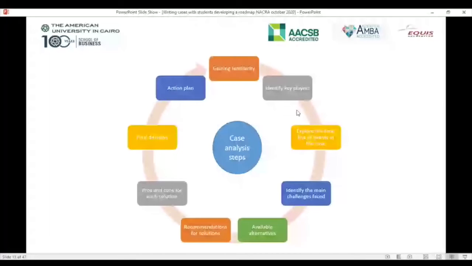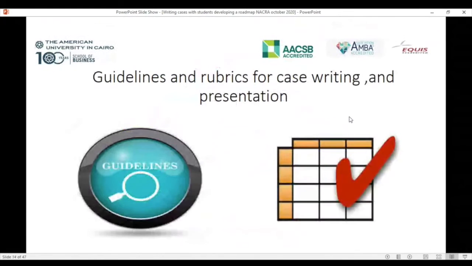But in order to do that, they need to understand thoroughly the steps of case analysis, beginning with gaining familiarity and so on, through recommendations and available alternatives. So you give them an outline of how they can analyze a case, which is a prerequisite for writing any case. If they cannot master the case analysis, they will not be able to master the case writing, which is really, really important.